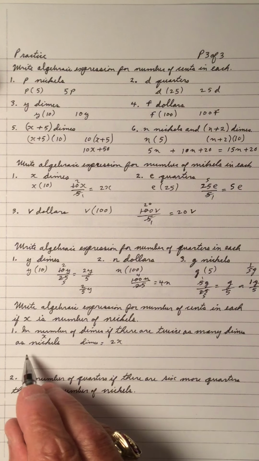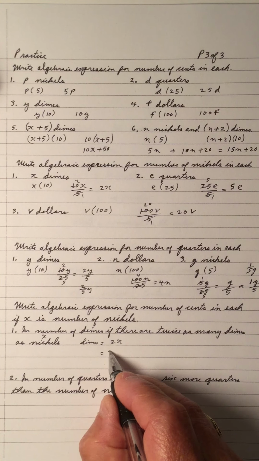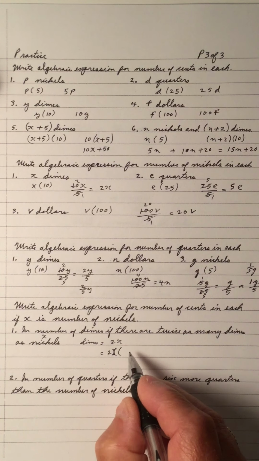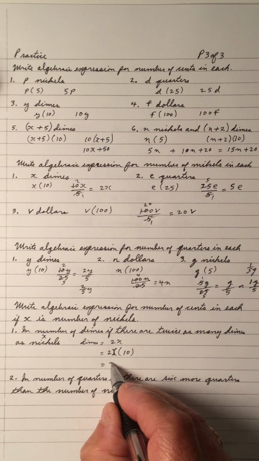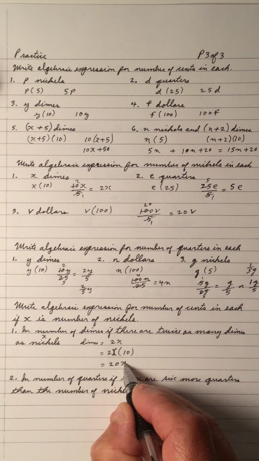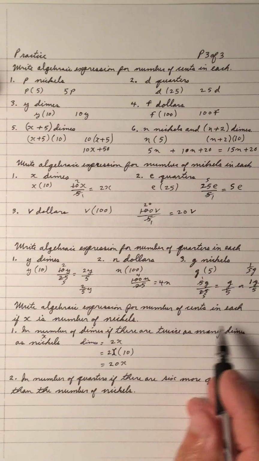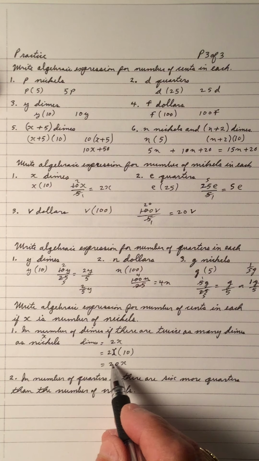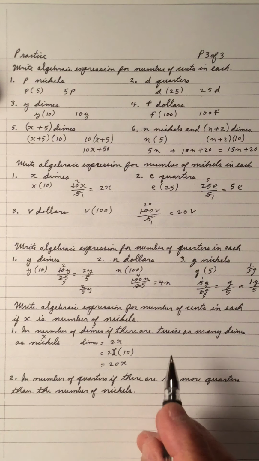So the number of dimes is twice the number of nickels. Okay, 2x times 10 cents for a dime, so that gives us 2 times 10 is 20x. That's the number of cents in this number of dimes.